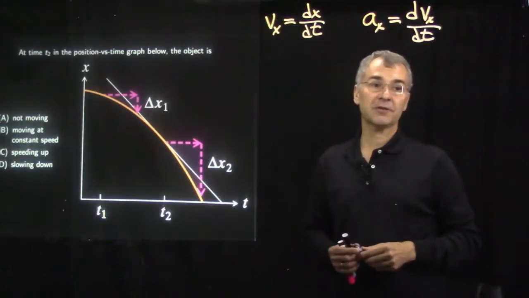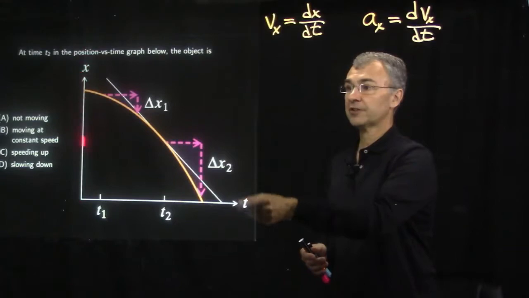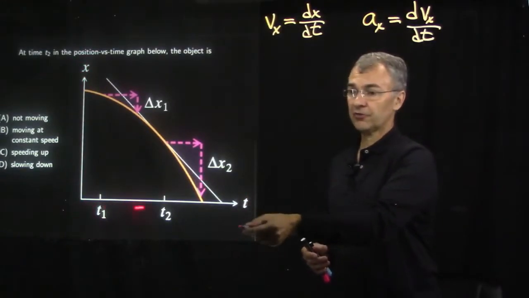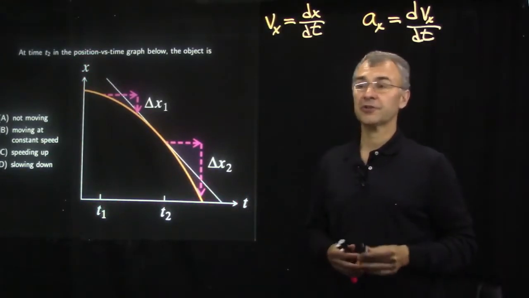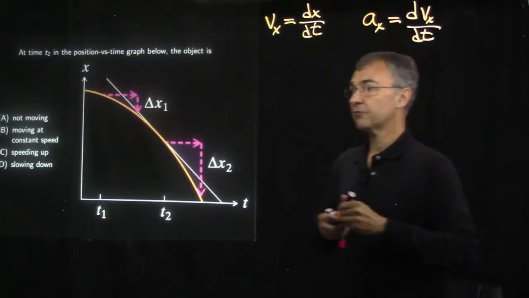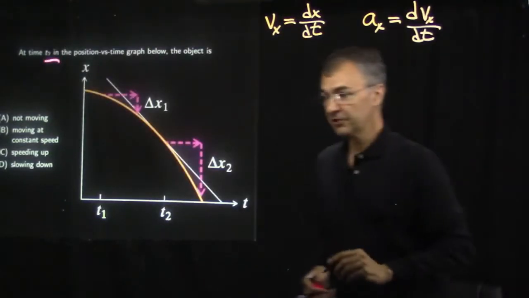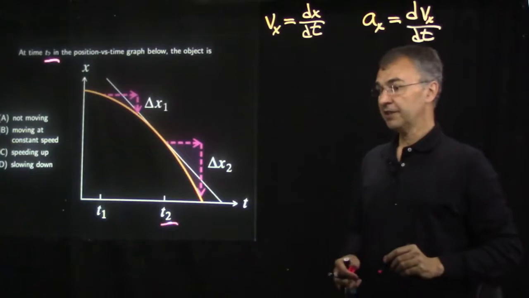So let's start by looking at a graph of position x on the vertical axis versus time t on the horizontal axis. And this graph wants us to focus our attention at time t2, which is over here.